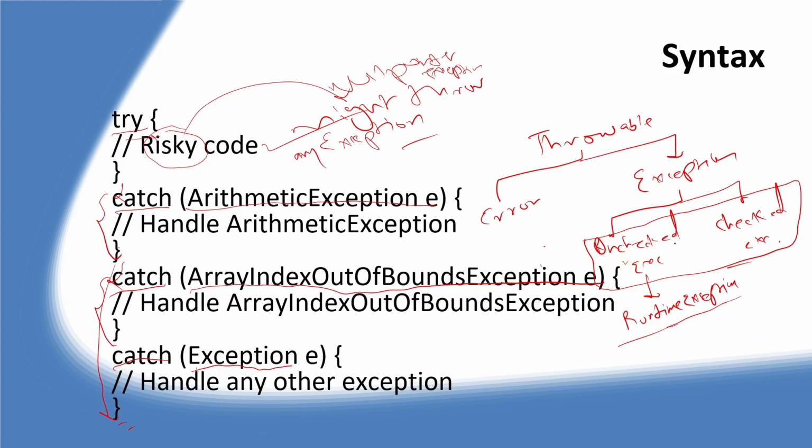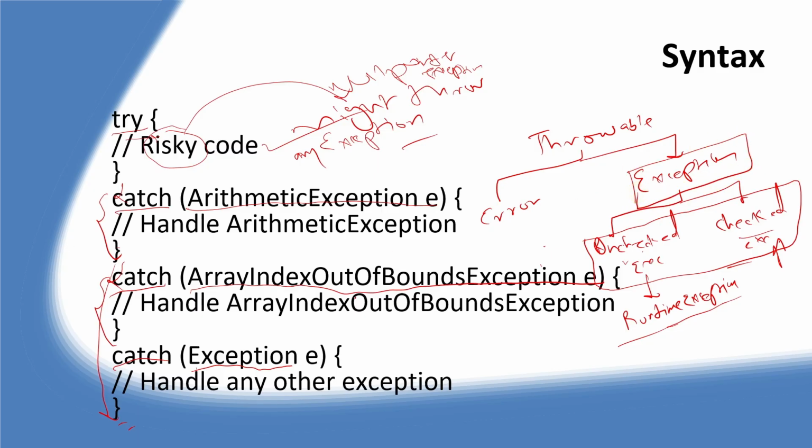The classes which are not inherited by RuntimeException are checked exceptions, and the compiler forces us to handle checked exceptions. So this is a quick revision of the exception hierarchy. For all checked and unchecked exceptions, the parent class is the Exception class.